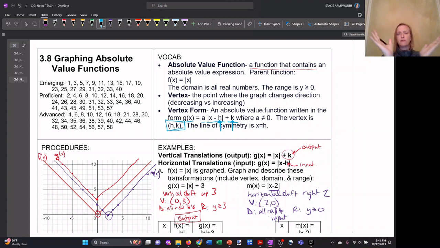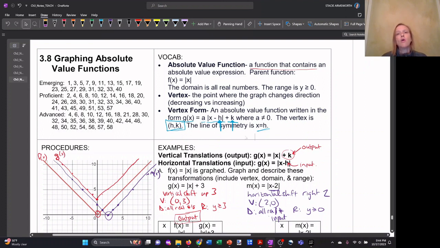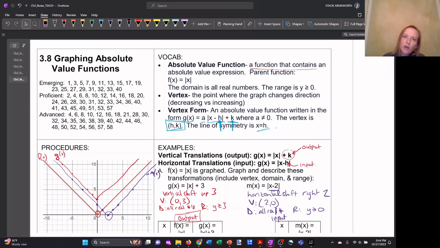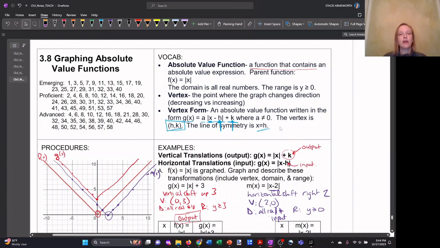And then the absolute value V is symmetric at that x value for the vertex, where x equals h. So vertex form doesn't work for every single absolute value function. It only works when x does not have a coefficient in front of it inside the absolute value.